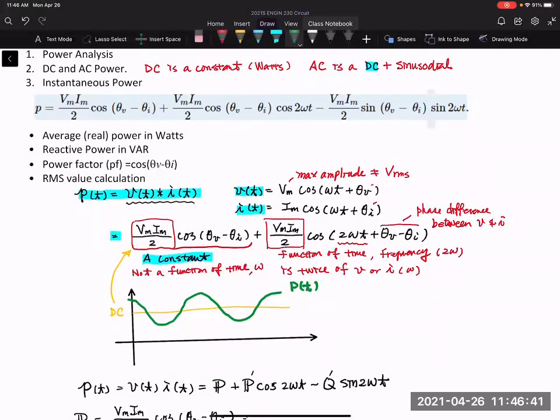So if you wanted to write this one here, this will be the V sub m, I sub m divided by 2 with a cosine 2 omega t plus theta v minus theta I. This will represent that equation, that curve over there. And that level here is the level, that constant that you should see on the screen.